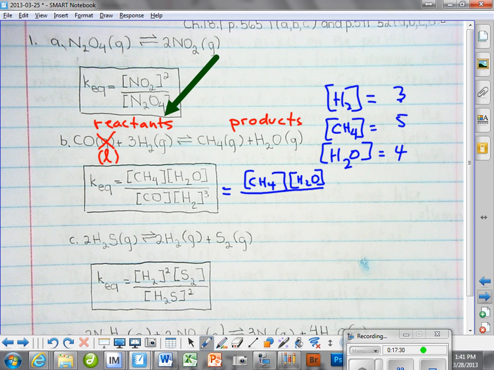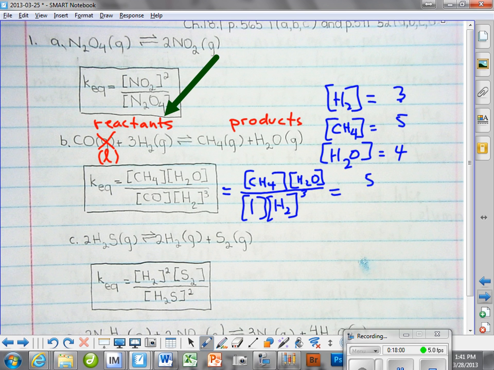The reactants are on the bottom, so we have H2 down here, cubed. And we have the CO as 1. Are we good?